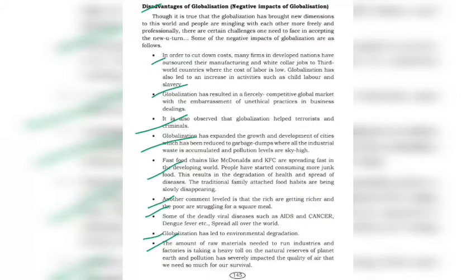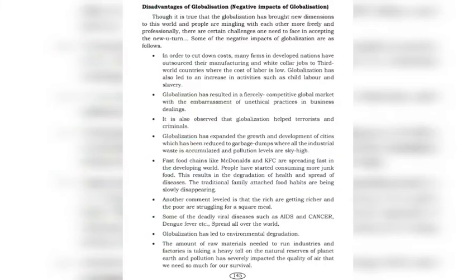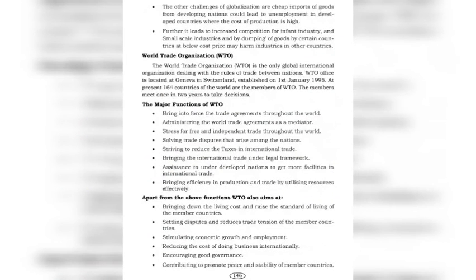Okay. So the next point is, the other challenges of globalization: cheap imports of goods from developing nations could lead to unemployment in developed countries where the cost of production is high. As I told you, the companies are outsourcing their work because they want to get the work done at a lower cost.